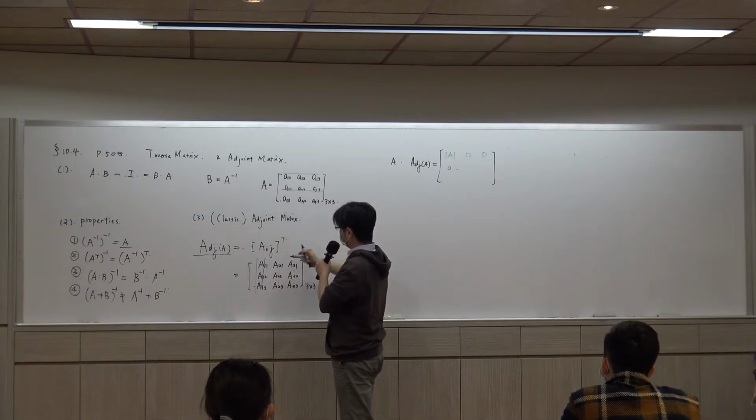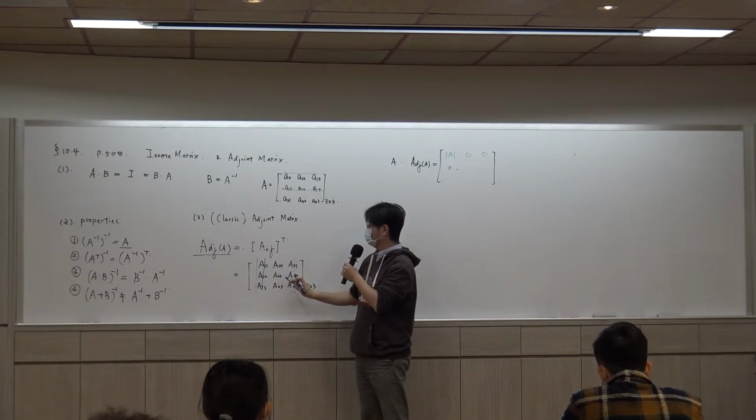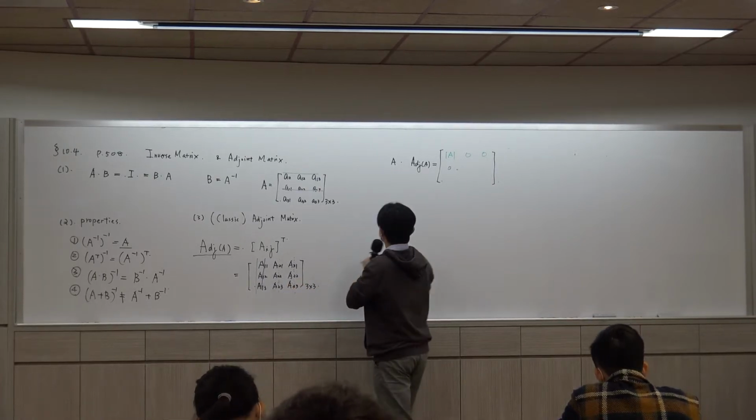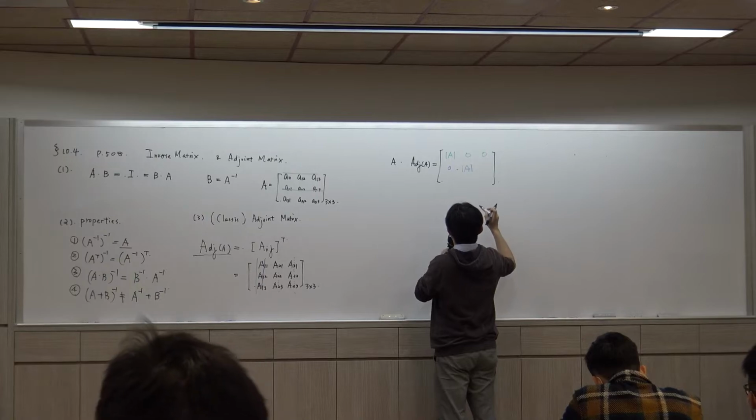And the second row times the second column: the elements will be matched with the cofactors, so it equals the determinant.